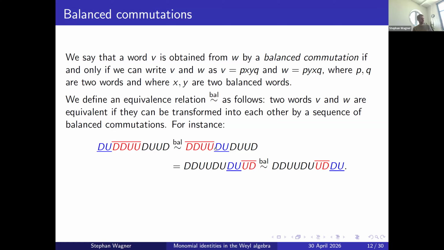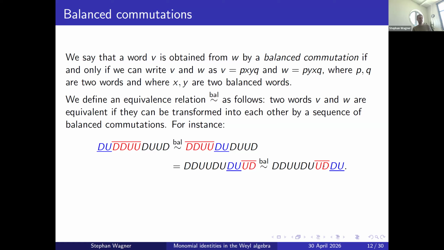So here I have indicated the balanced commutations that are taking place with red and blue over and underlined subwords. So DU is balanced, DDUU is also balanced. So I'm allowed to interchange them, which I've done here. This new word has also the balanced subwords DU and UD over here at the end.